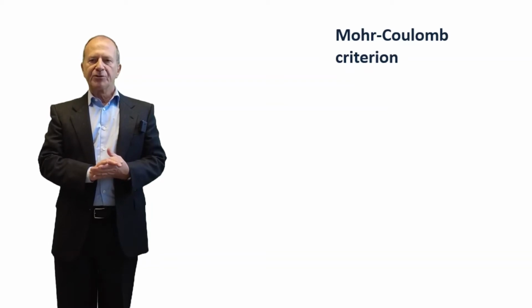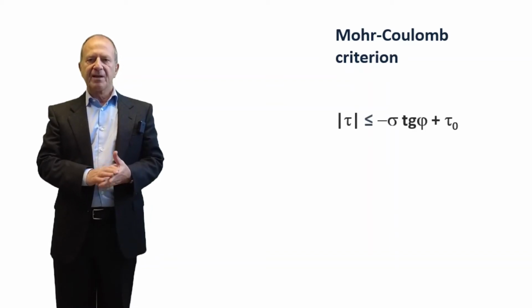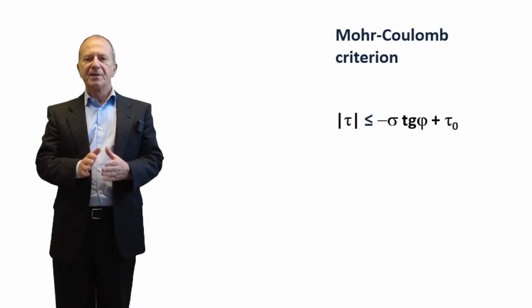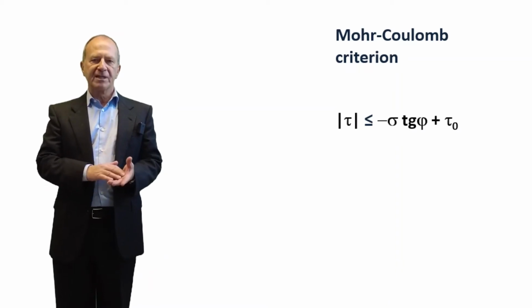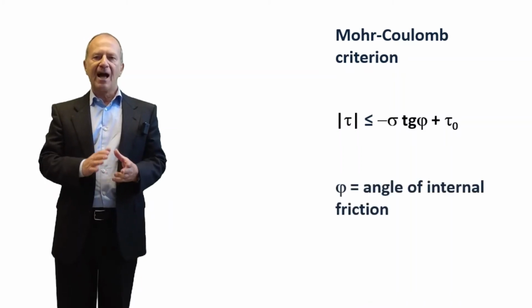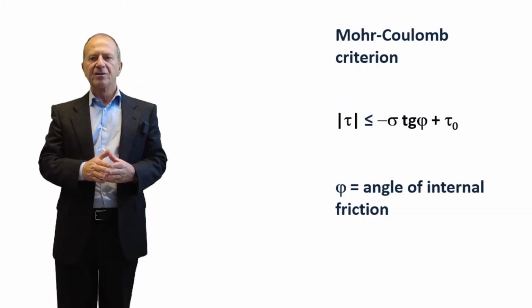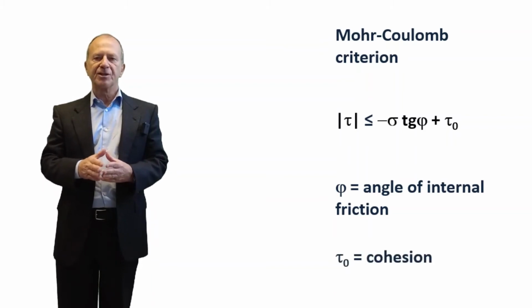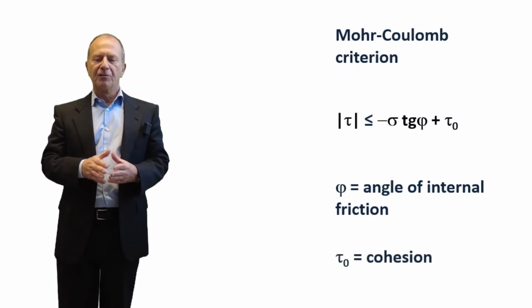Namely, Mohr-Coulomb's criterion states that the modulus of tau must be less than or equal to minus sigma times the tangent of phi plus tau 0, where phi is now called angle of internal friction and tau 0 is the simple shear strength or cohesion of the material.